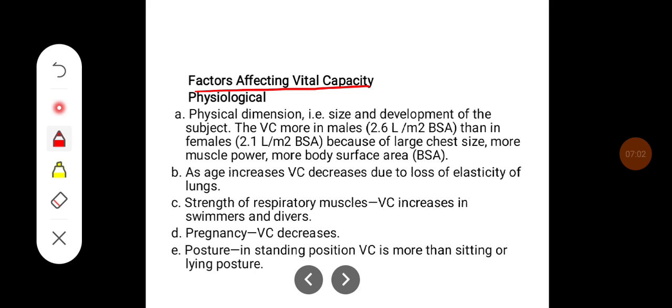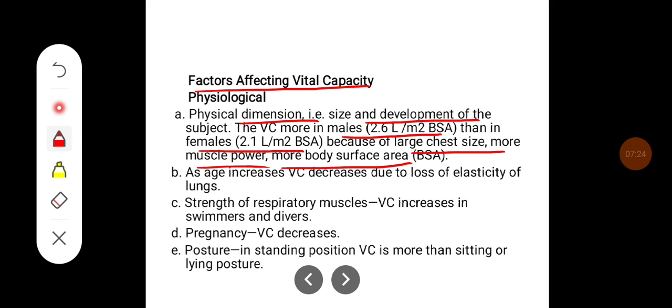Factors affecting vital capacity. Some of the physiological factors, like physical dimensions, that is the size and the development of the subject. The vital capacity is more in males than the females because of the larger chest size, more muscular power, and more body surface area.